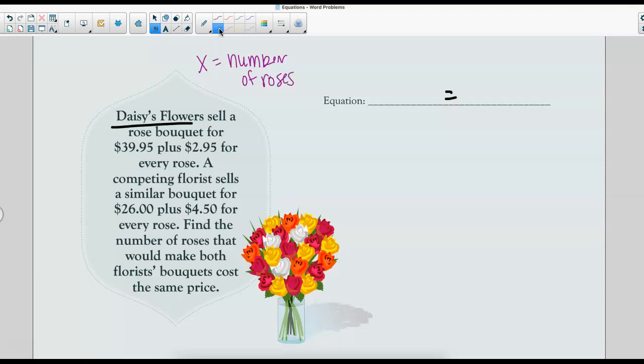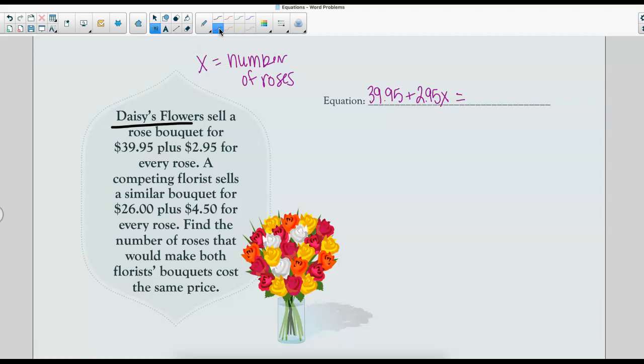So how would you represent, if you're going to buy X roses, how much that's going to cost you? Ellie. So would that be your total cost? Okay. So you have to pay the $39.95 no matter what, plus the $2.95 per rose, so that's $2.95X.